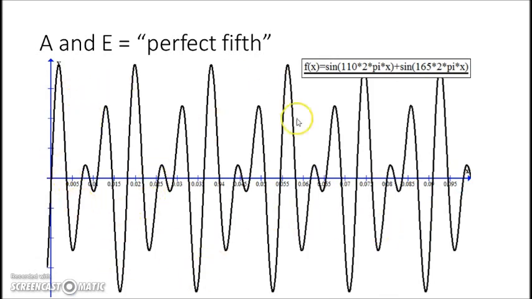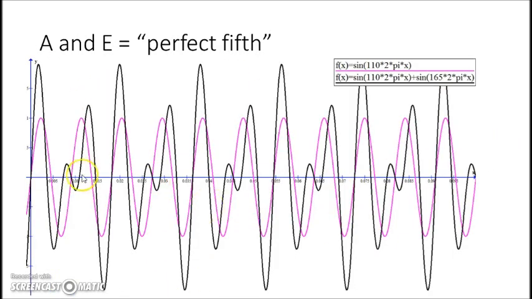And it looks like a nice repeating pattern like that. If we superimpose that with the original A, you'll see that it does its cycle in the time that A does 2 of its cycles. So you kind of hear some interesting patterns there when you play the two notes together.